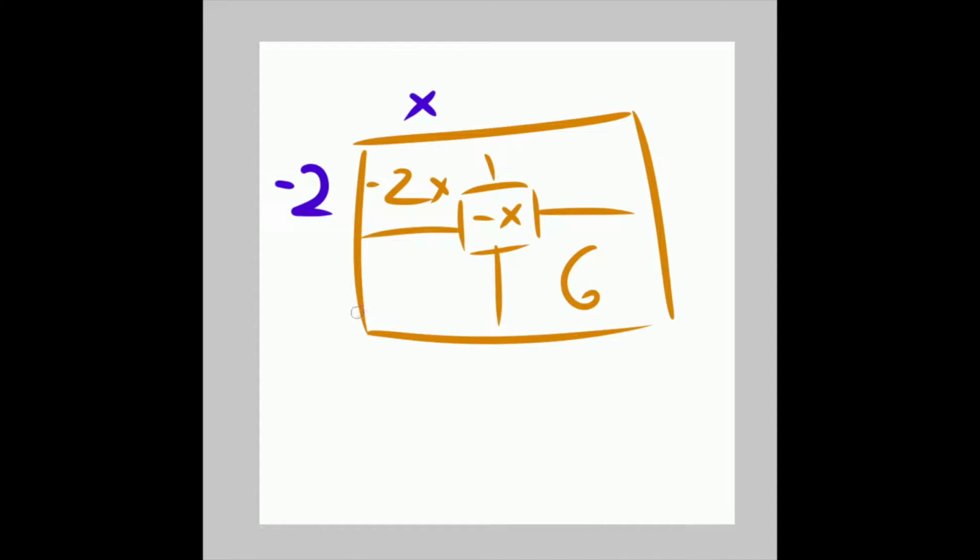Now, we need to think of terms that will add to -x or -1 that multiply to 6, when also multiplied by -2 or x according to these boxes. Unfortunately, there are no numbers that add up to -1 that will multiply to 6 when also provided with these factors.